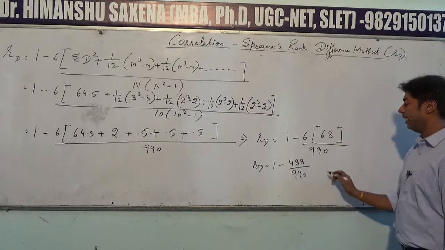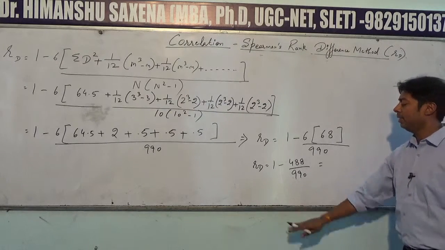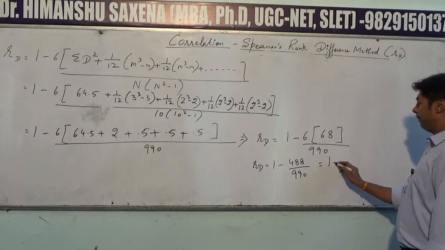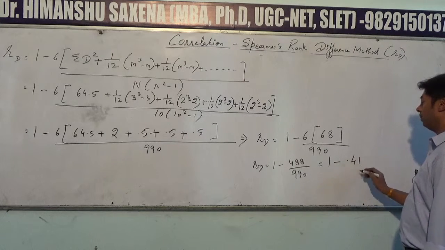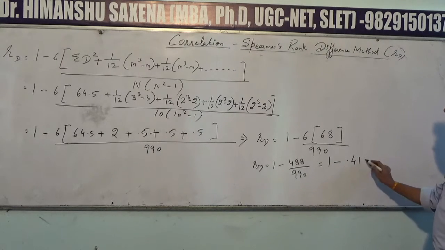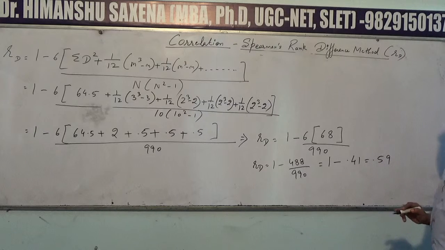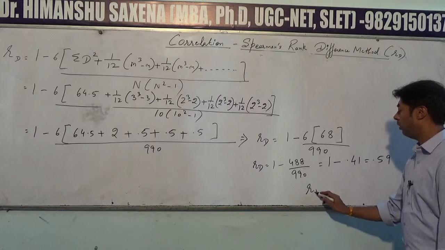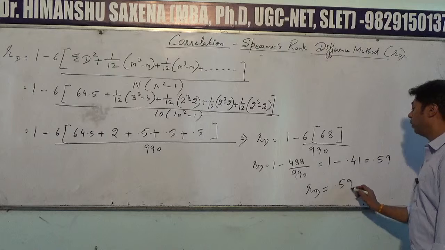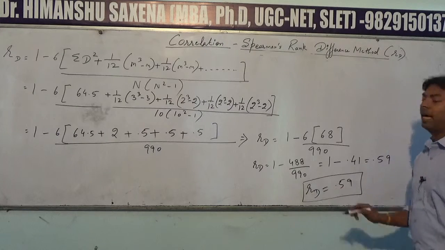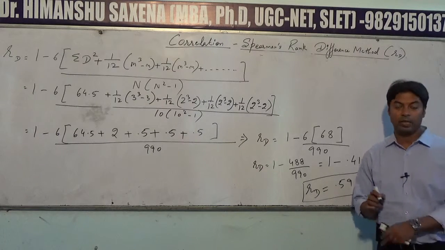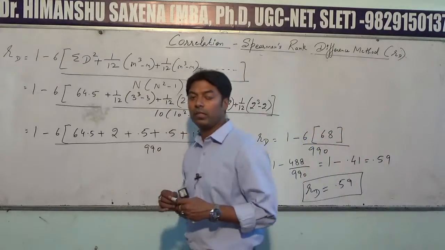Now divide this by 990, it gives 0.41. Now 1 minus 0.41 will be equal to 0.59. So the value of RD is equal to 0.59. RD is denoting Spearman's rank coefficient of correlation.